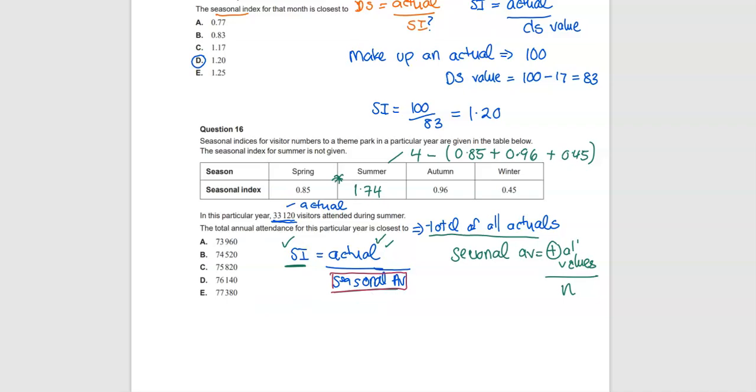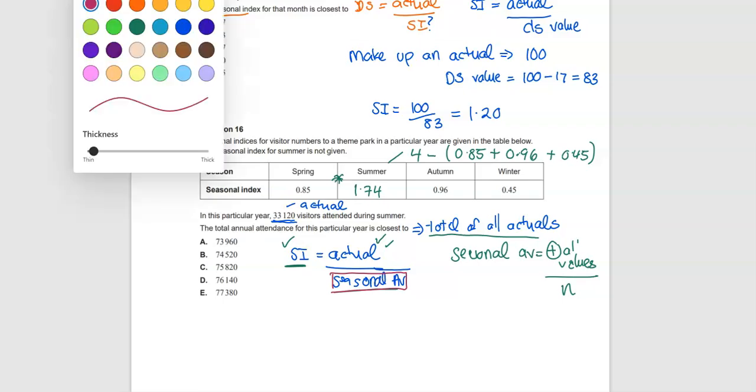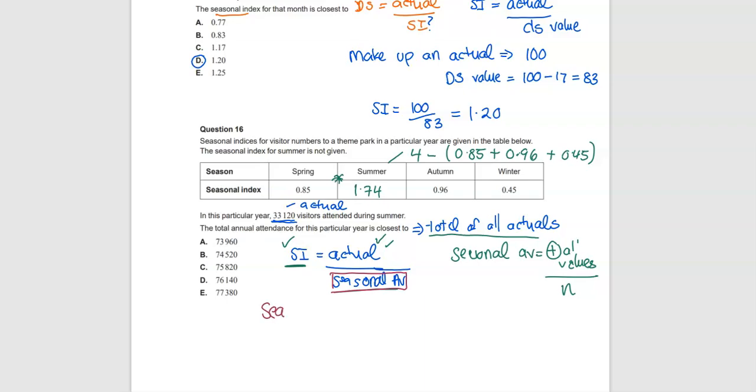We've written that formula over here, so I'm going to find out the seasonal average by rearranging this formula. So yes, I was right: the seasonal average is equal to the actual divided by the seasonal index.